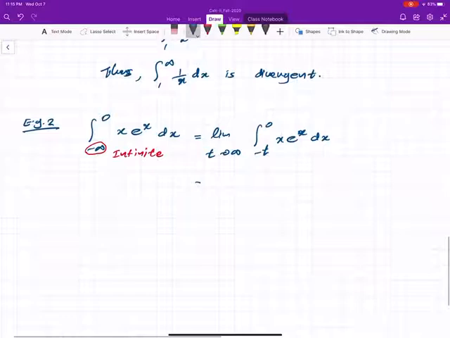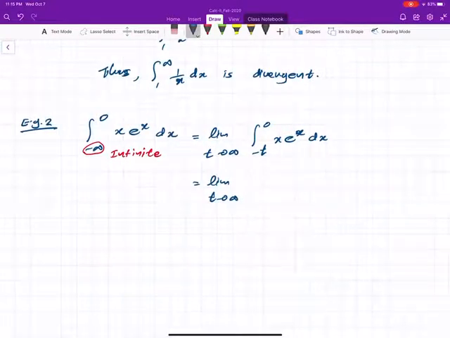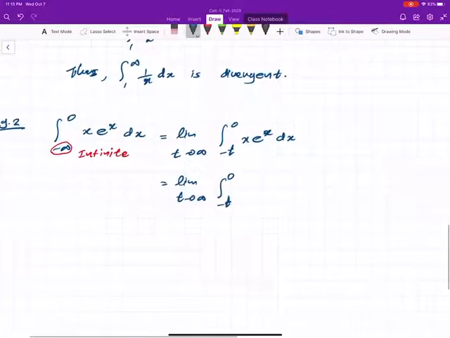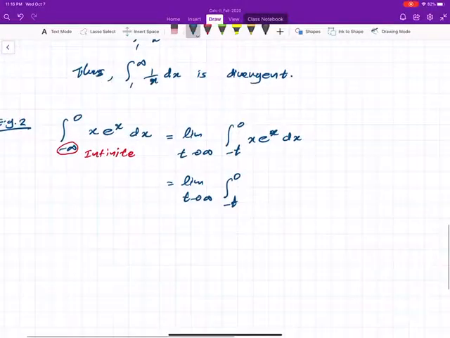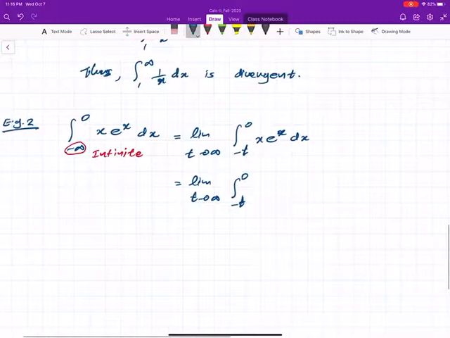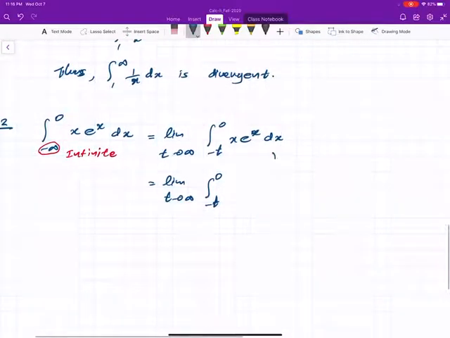Now it is simple integration. I'm writing limit t goes to infinity every time. Here I'm using the u v rule for integration by parts, if you can remember. For that I have to find u and v. Let me note it here. What I'm using is integration by parts.